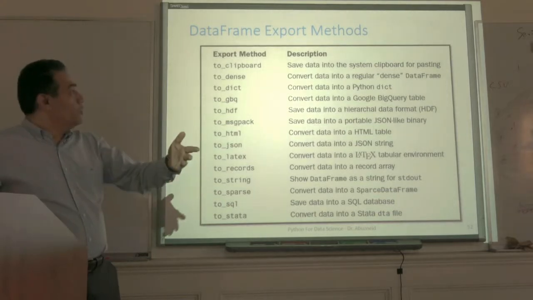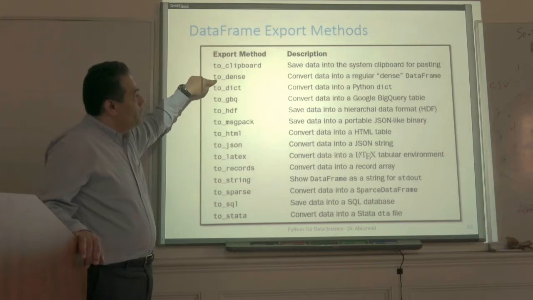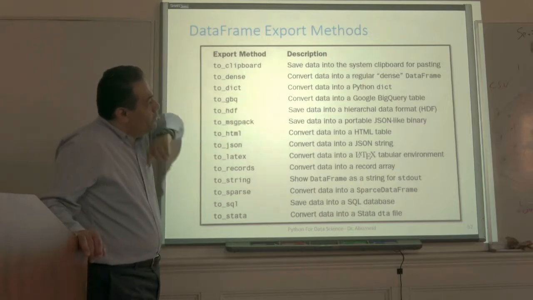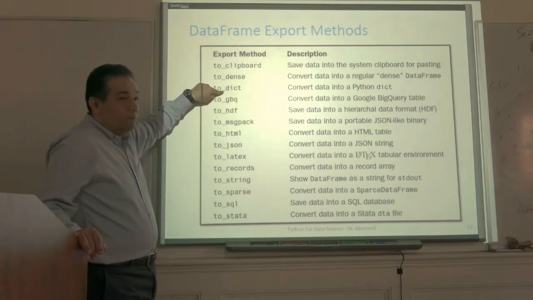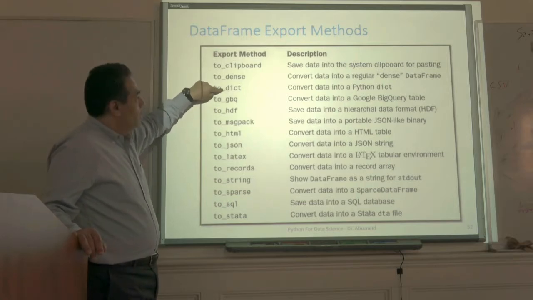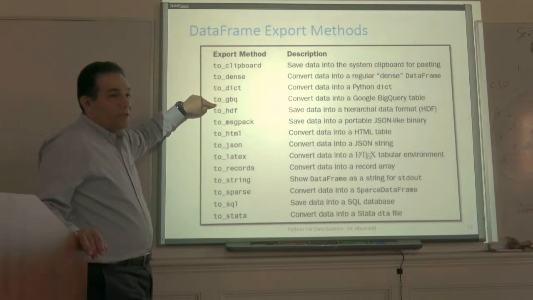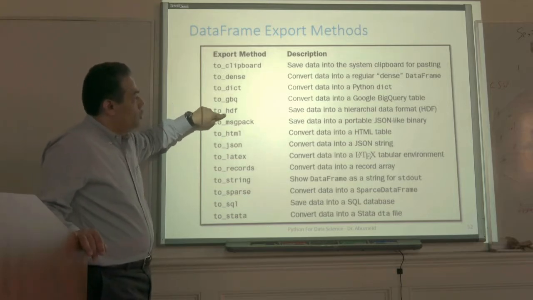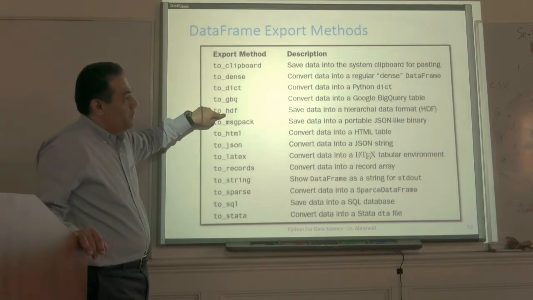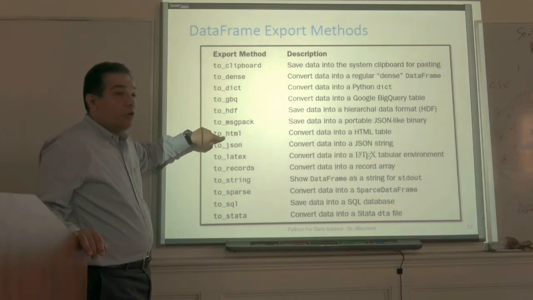Okay, this is your question. You could export to the clipboard of your computer, convert data into a regular dense data frame, or to a dictionary, presuming it's small. To a Google BigQuery table, to HDF, which is hierarchical data format, to MessagePack, which is JSON-like binary. You could save it directly to HTML.